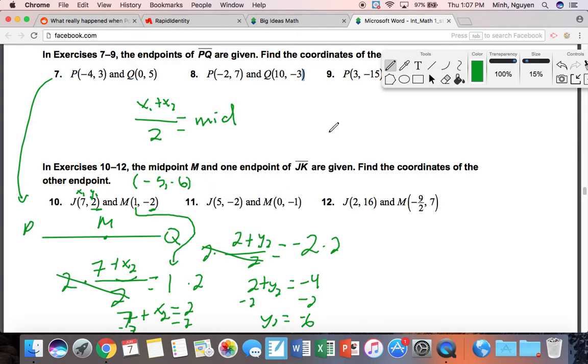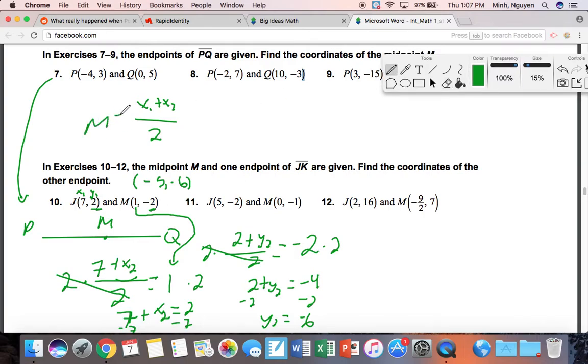So again, all this comes back to the midpoint being equal to x1 plus x2, y1 plus y2 over 2. You guys just have to identify that you are already being given the midpoint, so you are being given this part.